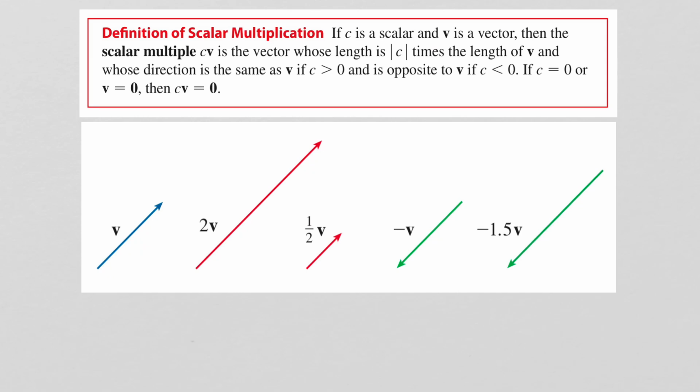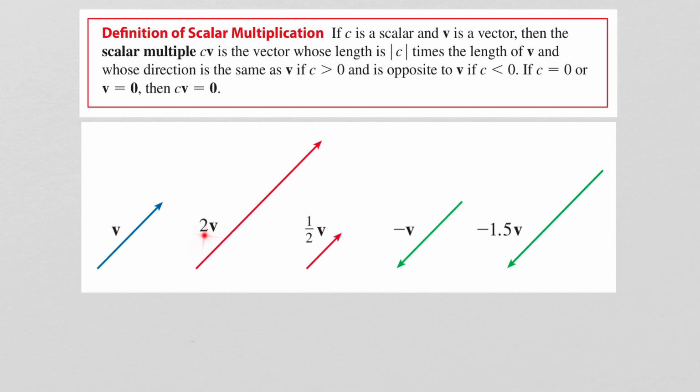Scalar multiplication is when we take a constant c and we multiply it to a vector v. And the best way to think about scalar multiplication in terms of its geometric interpretation is if I have a vector v and I multiply that vector by, say, the number 2, basically you get a vector that points in the same direction as v, but it is twice as long.